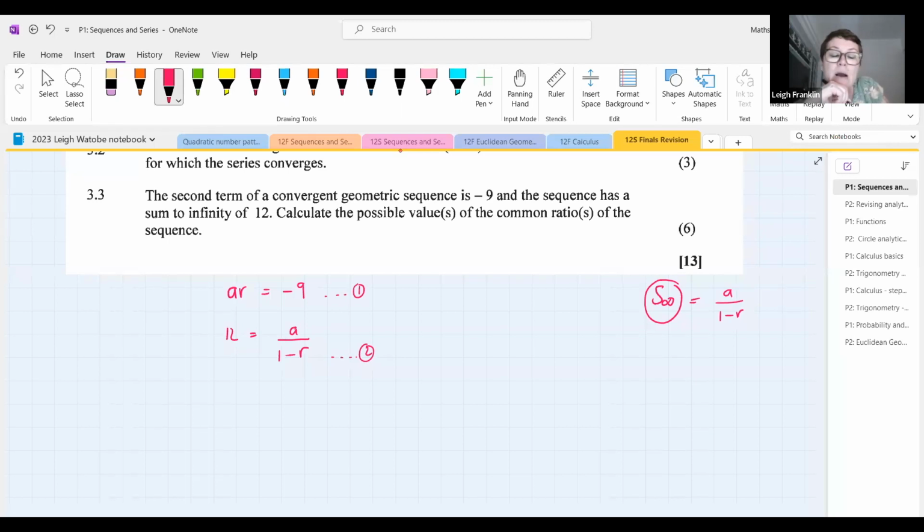What should we do now? Remember, they want us to find the values of the common ratio. So what should we do now? Anyone got any ideas?